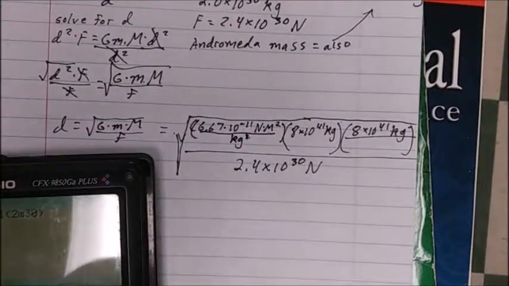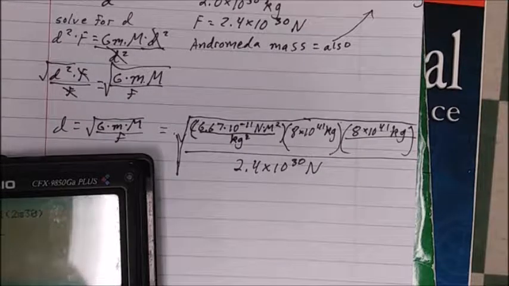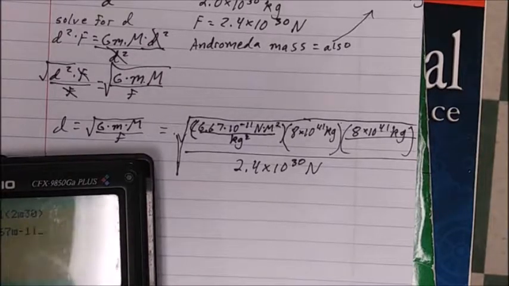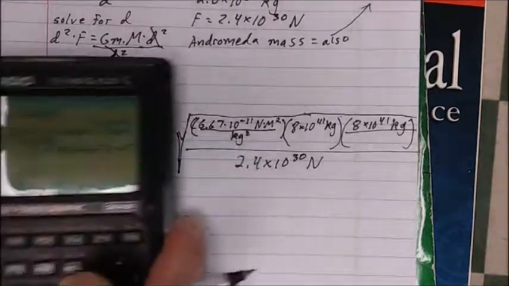Let's go ahead and do the math. 6.67 times 10 to the negative 11 times 8 times 10 to the 41, times 8 times 10 to the 41, divided by 2.4 times 10 to the 30th, and we're going to have to take the square root of that.